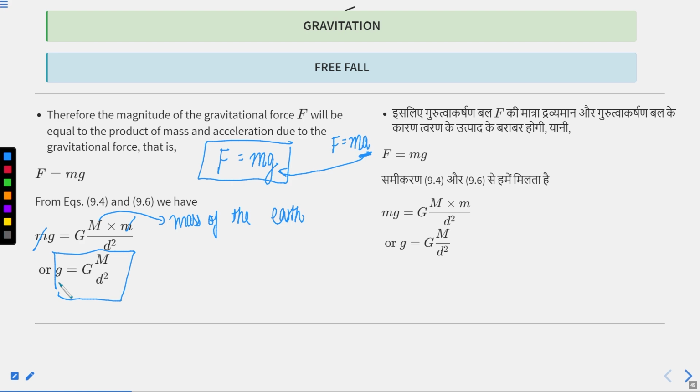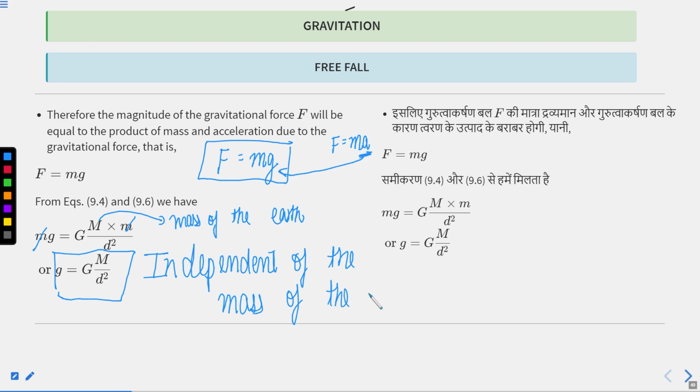It only depends on the mass of the earth. Independent of the mass of the object.